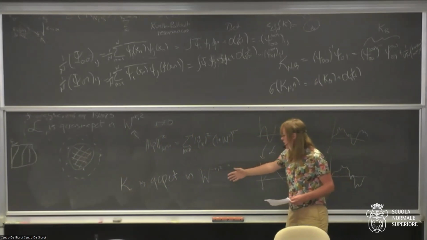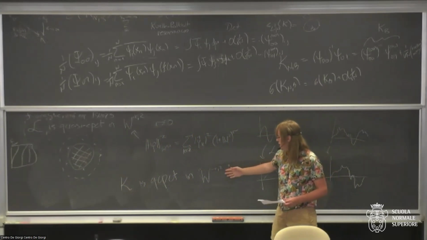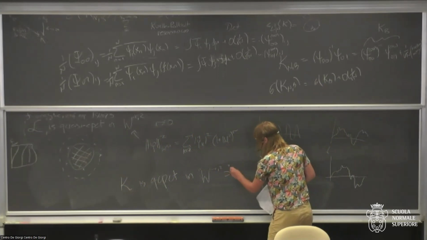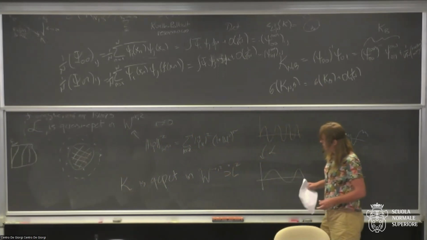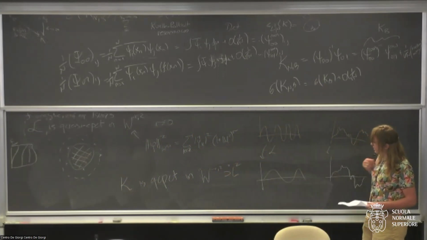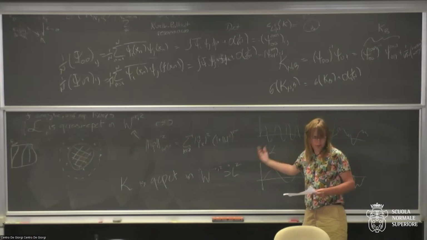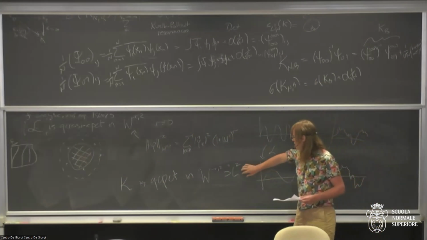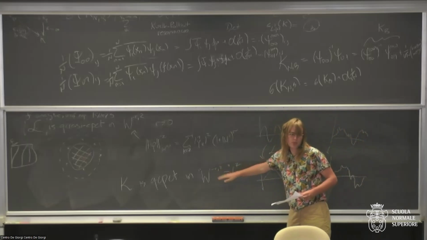So if you have something in here, it's not necessarily an actual function, because this space is strictly bigger than, let's say, L2. But it does contain things like delta functions or derivatives of delta functions. You imagine it's like you take L2 and you differentiate it r times.